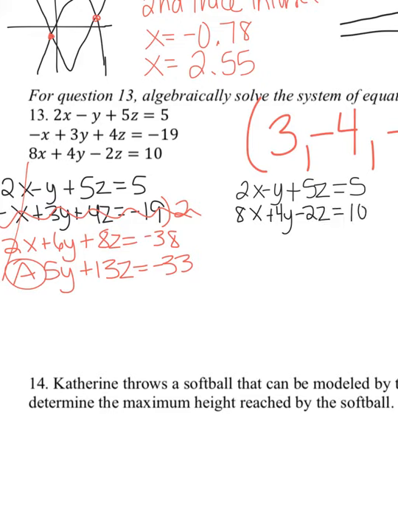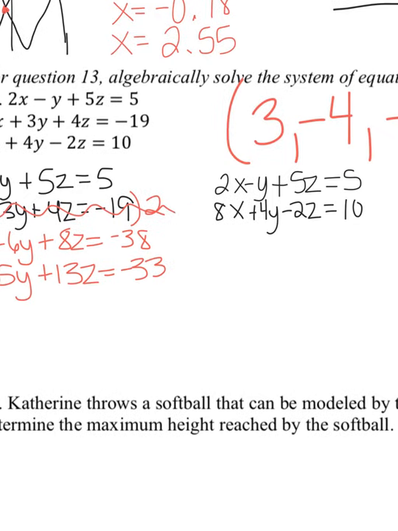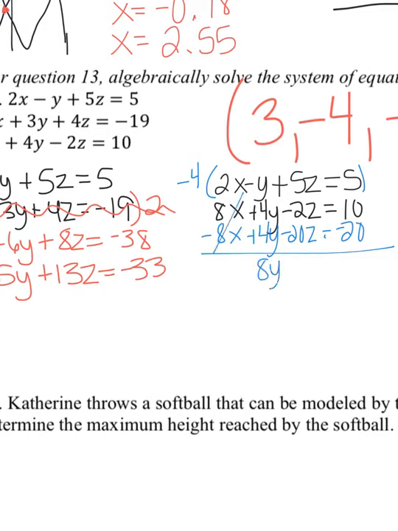I have to eliminate x again. You have to get rid of the same variable both times. So to eliminate x, I'm going to multiply this top equation by a negative 4. So this is now negative 8x plus 4y minus 20z is equal to negative 20. So now when I add, 8 minus 8 cancels. I get 8y minus 22z is equal to negative 10. This is equation B.